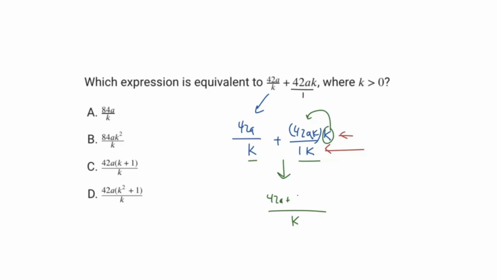So now we get 42a k, and the k times the k is just k squared. All right, so now we need to factor out the greatest common value from the top. So that is going to be 42a, and 42a times 1 will give us this first value of 42a, and then plus k squared, which is going to give us 42a times k squared will give us the second value all over k.